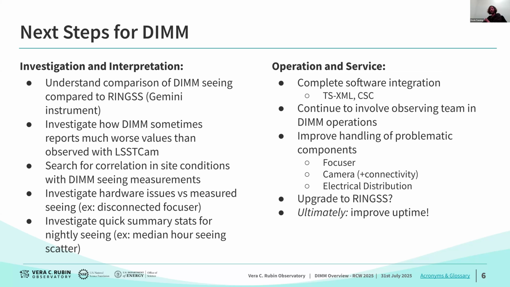Another investigation along that line is correlation with the measured seeing and some hardware issues. For example, the focuser is quite problematic and sometimes disconnects, which means you'll get more out of focus images. It would be nice to confirm that that's not impacting the seeing measured.